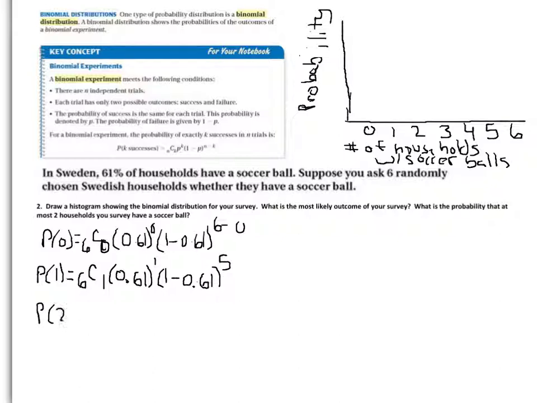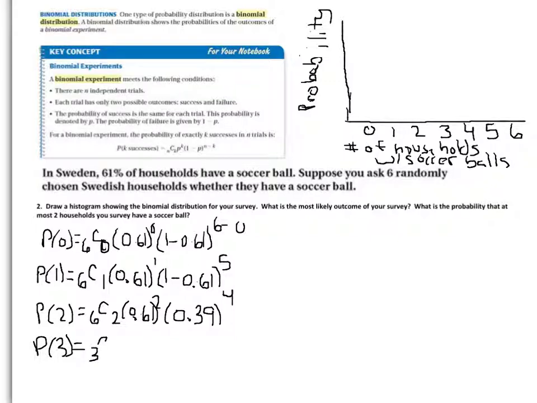And then the probability for 2, 6 choose 2, 0.61 to the second, 0.39, because that's what 1 minus 0.61 is, to the 4th. Probability for 3. 6 choose 3, 0.61 to the third, 0.39 to the third.